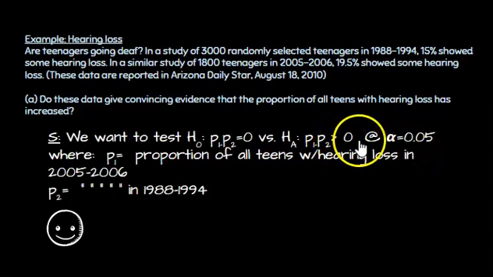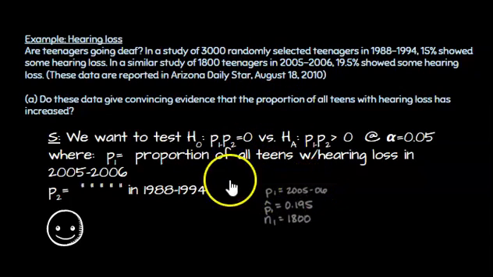And I put the significance level at alpha equals 0.05, okay? Where P1 is the proportion of all the teens with hearing loss from 2005 to 2006. And P2 is the same thing, but from 1988 to 1994. And it's fine to put those ditto marks, that's okay. Just differentiate it at the end. Now, before we jump into the plan step, let's look at our numbers up here.